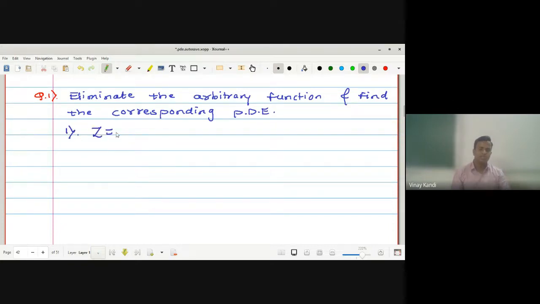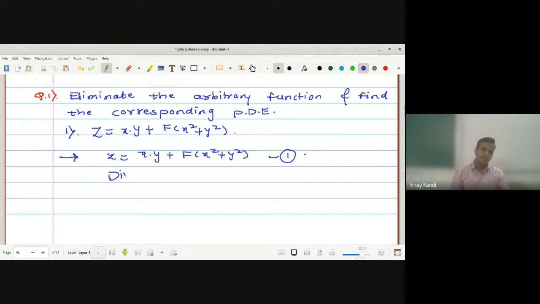Okay, now the first one. z is equal to xy plus f of (x square plus y square). Using partial differentiation, we have to remove the function f. Given z is equal to xy plus f of x square plus y square. Give it as equation number 1. Now differentiate 1 partially with respect to x and y.